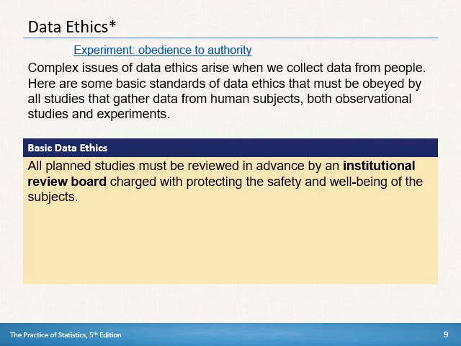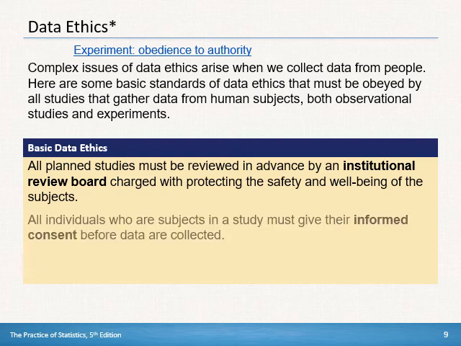If you're studying at a university and you want to run a particular study as part of your dissertation, there are people at the university that review any experiment or study that's going to be done to make sure that there's no harm going to be done to any of the subjects, right? So there are these institutional review boards that have to okay what it is you're going to do.